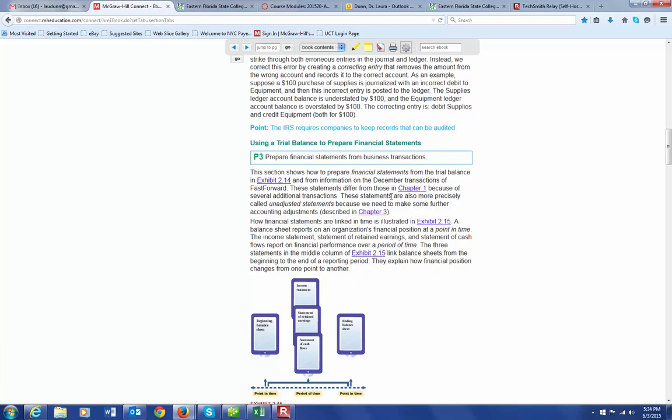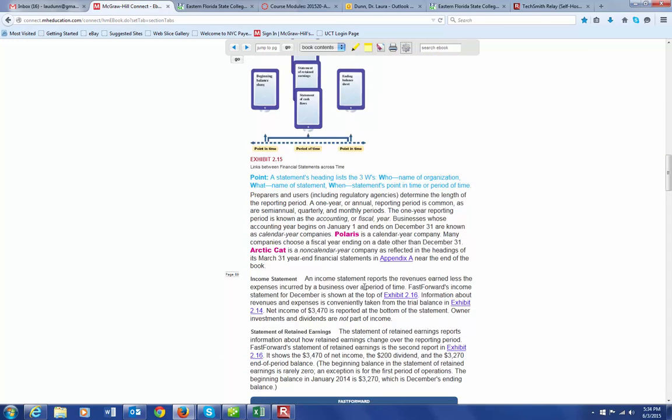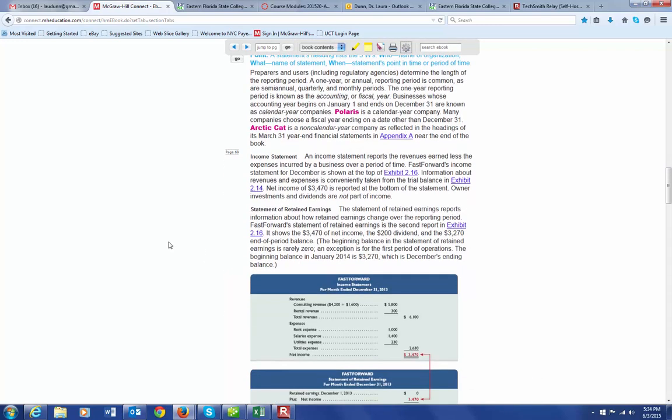Again, you're going to need to understand a little bit about the financial statements, which we talked about in Chapter 1. But you can, again, read this stuff for yourself in terms of understanding that. But the income statement, as we talked about in Chapter 1, reports all your revenues and subtracts all your expenses that are incurred in that particular period.